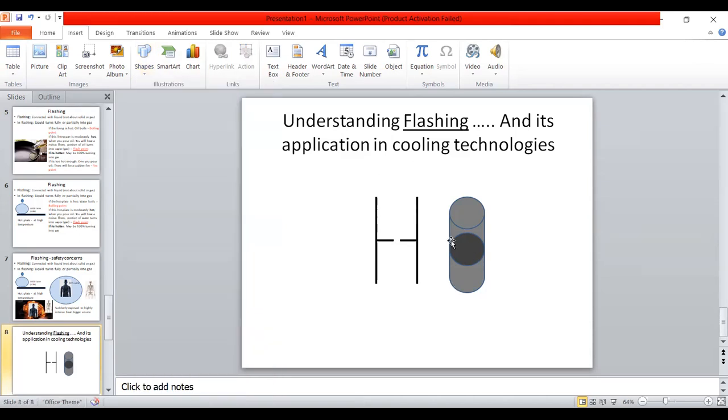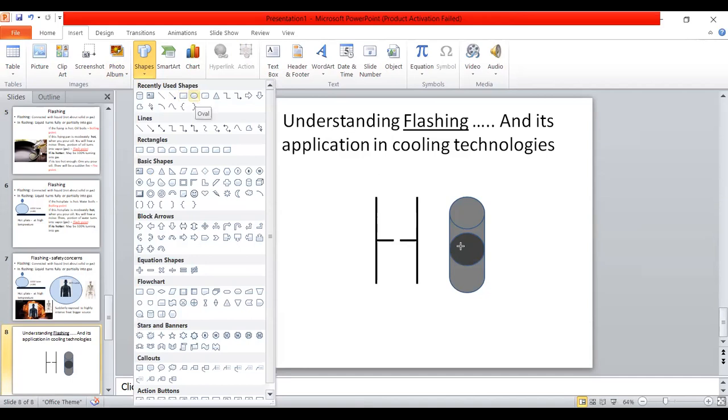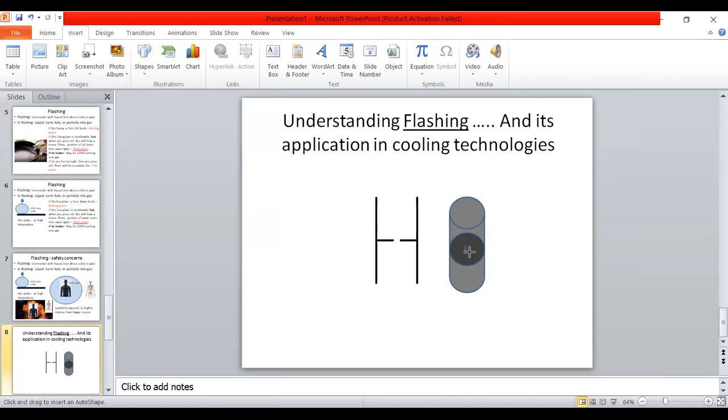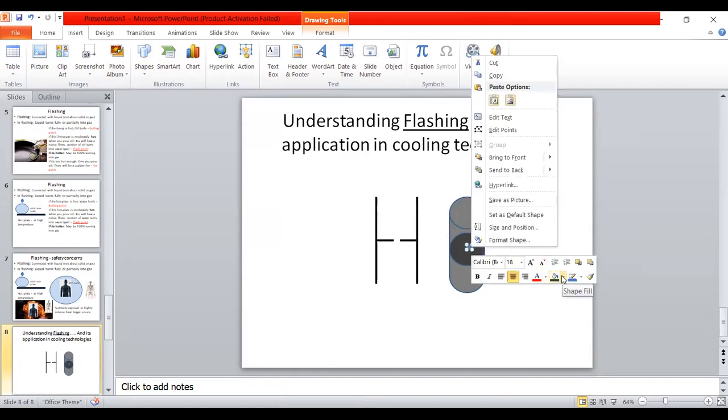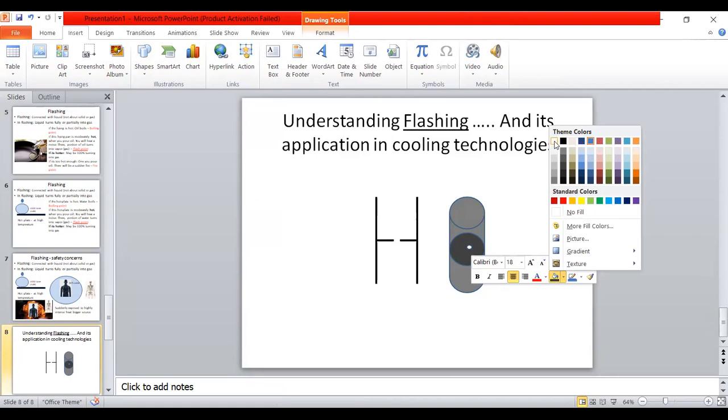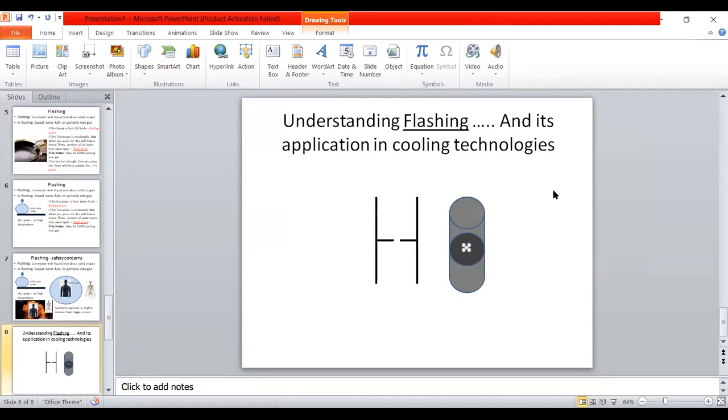Very interesting. Too big. This is not a pinhole, but this is a carefully designed hole here.